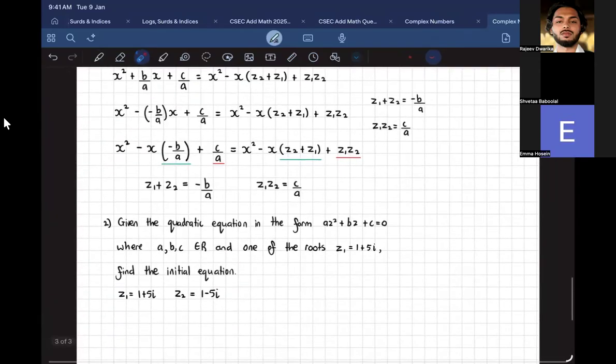So Shweta, if I write it like this, z squared minus z times Z1 plus Z2, plus Z1 by Z2, would I confuse you? I know you're more familiar with x, but if I replace the x for a letter like z, would I confuse you?